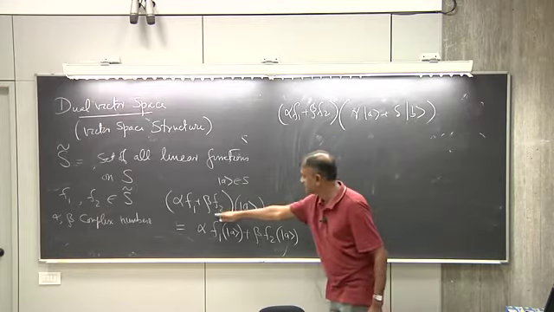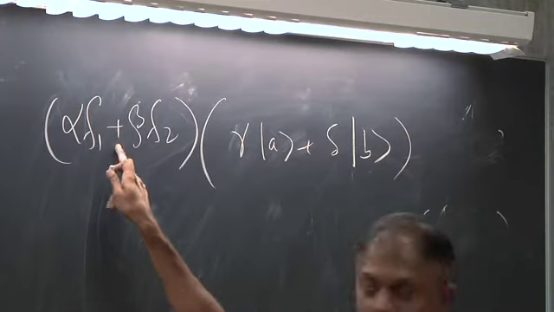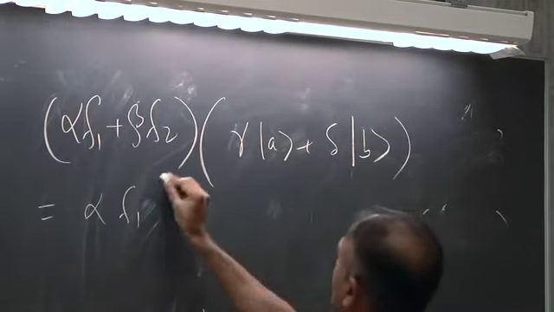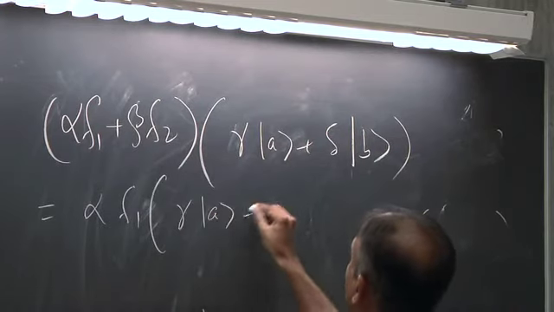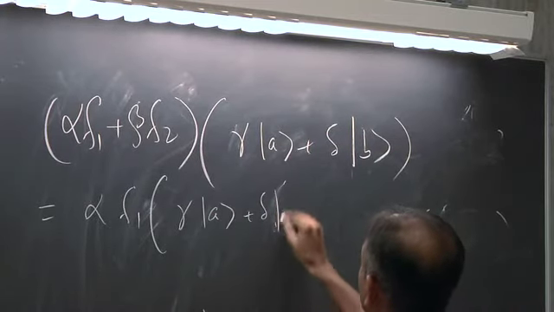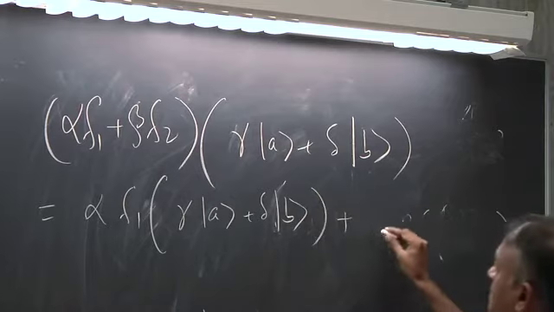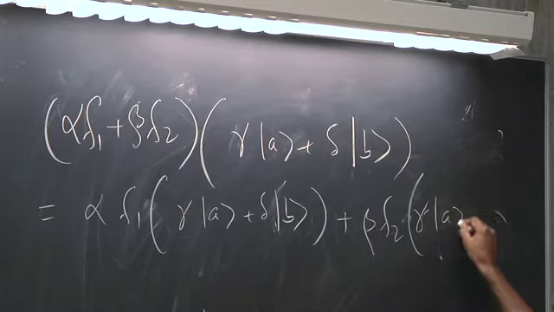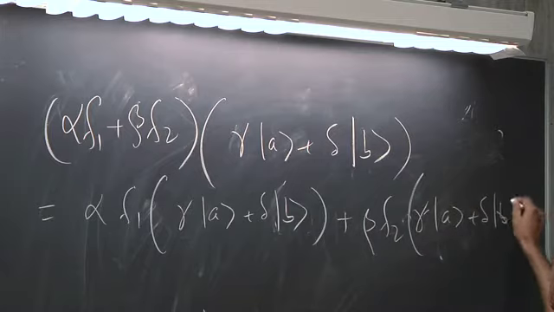Well, I first of all use the definition of this addition. By definition that is alpha F1 acting on this argument gamma A plus delta B plus beta F2 acting on gamma A plus delta B, right?